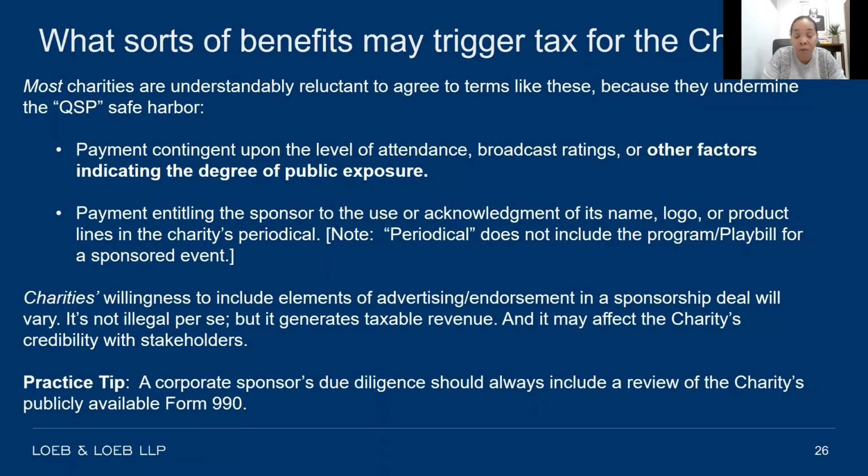For the national charities, again, they may have more tolerance for this kind of thing. They may have the sophistication and counsel and financial advice to do that allocation, or maybe you may negotiate with a charity that has separate agreements. There may be one agreement that they're calling the qualified sponsorship agreement. And they may ask you to sign separately an advertising agreement where you're going to actually take out ads.